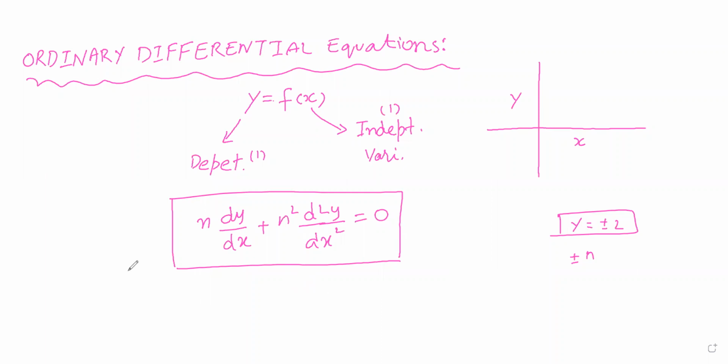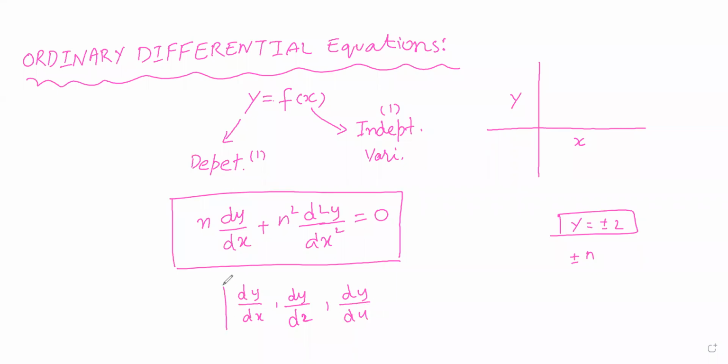Sometimes our equation has more than one dependent and more than one independent variable. For example, we can have dy by dx, or dy by dz, or dy by du.